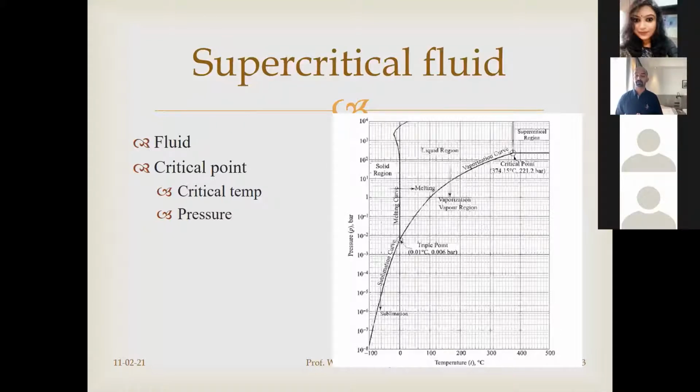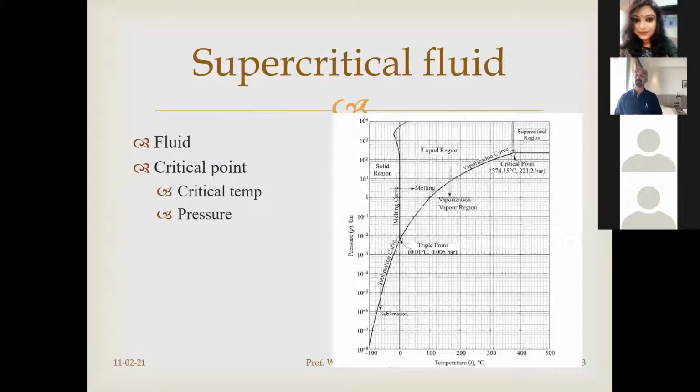The temperature and pressure related to critical point are known as critical temperature and critical pressure. कोई भी component का जब आप temperature और pressure, when you increase the temperature or pressure of any particular component above the critical point, the distinction between the phases, जो liquid और gas phase जो है, उसके बीच में जो difference है, it is eliminated. उसके बीच में जो difference होता है, वो difference खत्म हो जाता है. It means the liquid and the vapor phase becomes identical. दोनों एक जैसे हो जाते हैं.